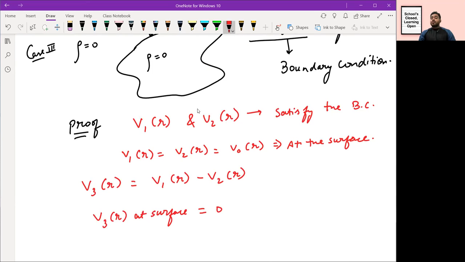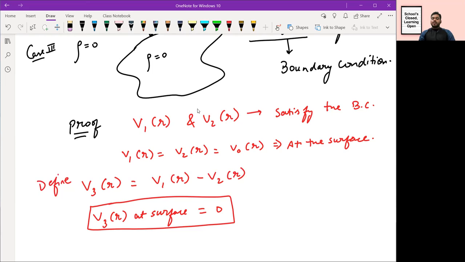Why? Because V1(R) and V2(R) are equal. So V3(R) at the surface is 0. We define V3(R) as the difference of V1 and V2. Since V1 and V2 are the same at the surface, V3(R) will be 0.